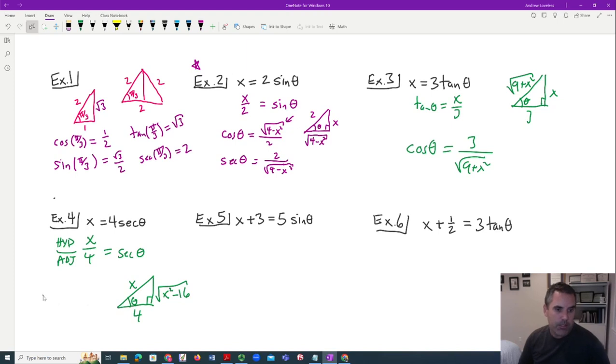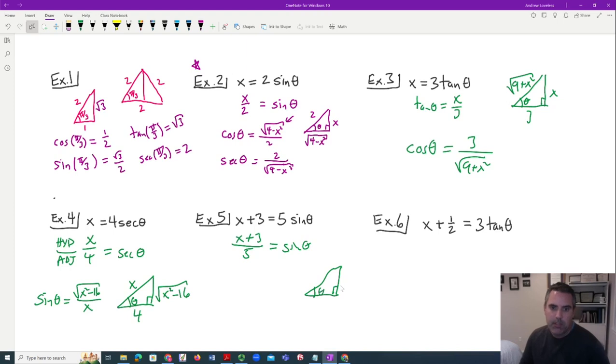So then if the question said, what is sine of theta? You would say square root of x squared minus 16 over x, opposite over hypotenuse. Similarly, if it's a little more complicated, you're just going to write x plus 3 over 5 is this. You're going to draw a triangle. This is a really fast thing to do.